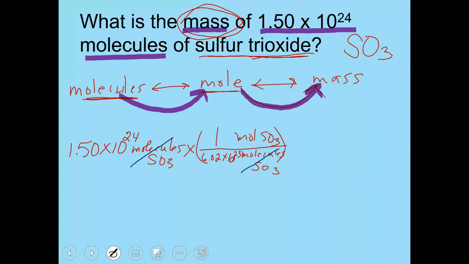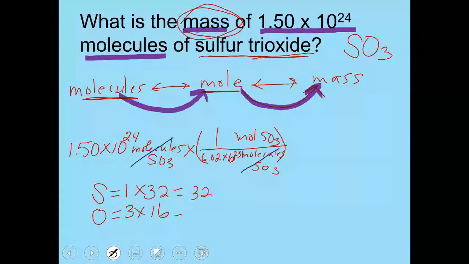I need to come down here and say, okay, sulfur, there's 1, oxygen, there's 3. Now, eventually, you don't have to show me the work for this. I do have you showing me the work for this at first, so that I know that you know how to find them. But eventually, it becomes sort of like a side problem that you do. And sulfur weighs 32.